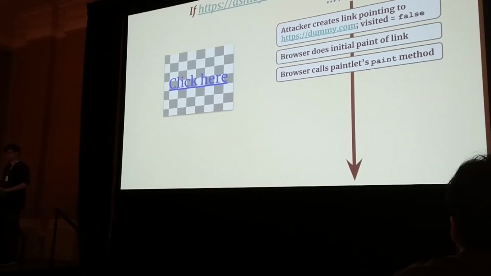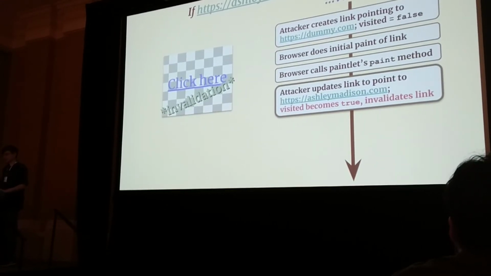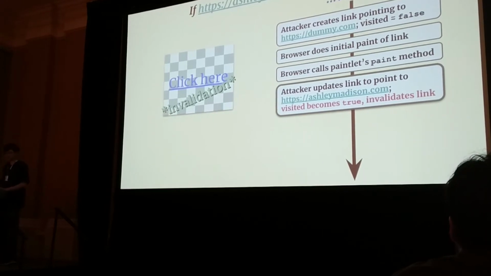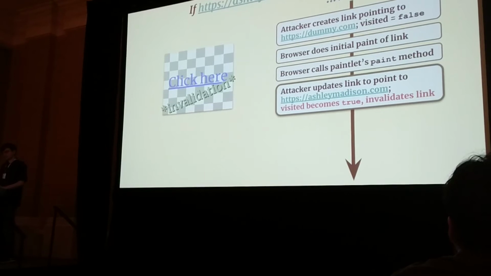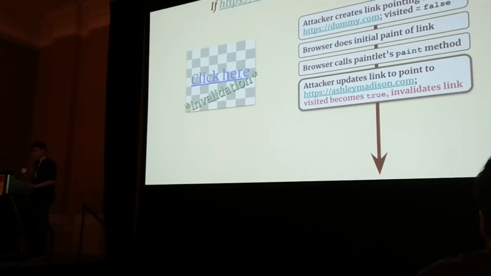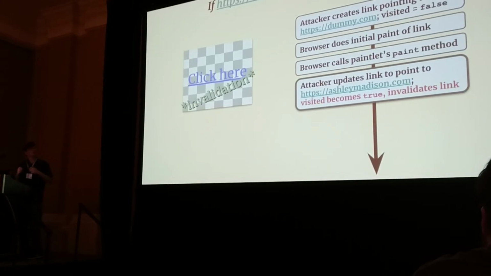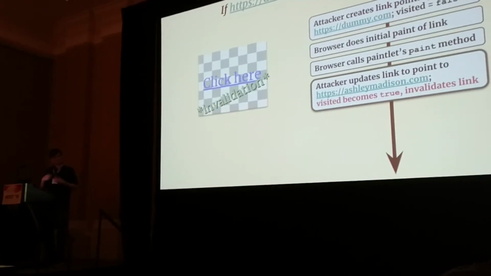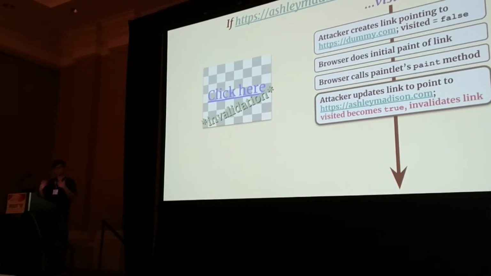Then after the browser finishes that whole paint cycle for the page, our background script, once again, switches the link's destination from that unvisited dummy URL to our target URL. Now, we've done the same set of steps here, but in this case, our victim has actually visited ashleymadison.com. So that secret visited status bit of the link element changes from false to true when we change out its destination URL. And this secret visited bit is a property which affects the link's appearance, in this case its color.